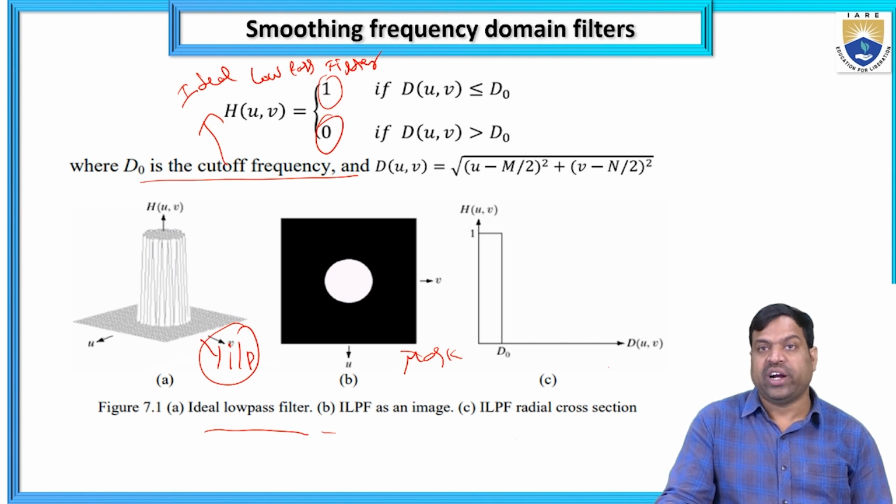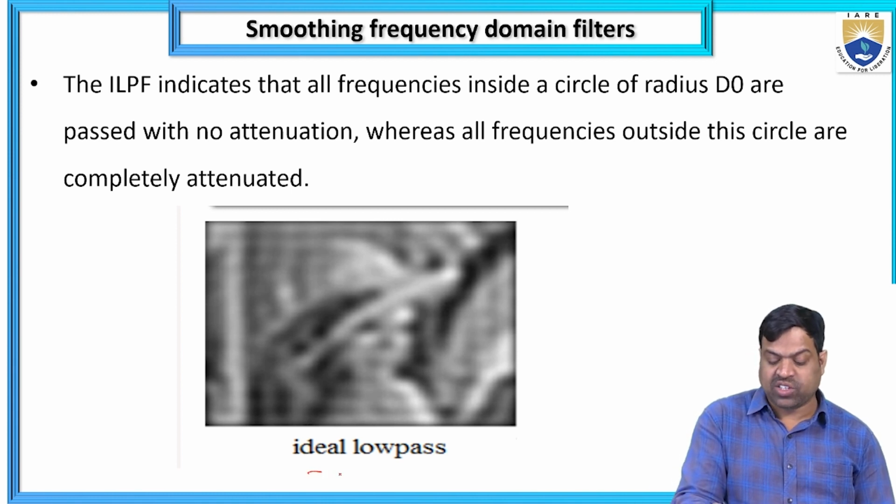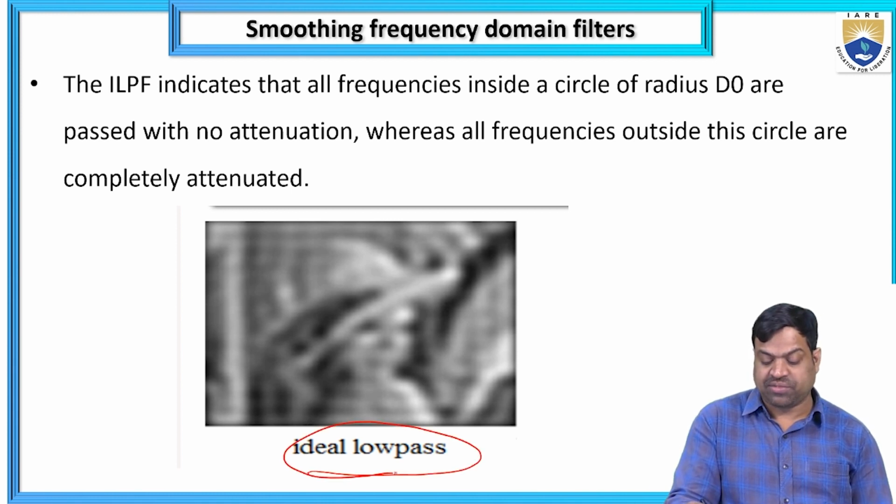When I'm using the ideal low pass, it is using the cutoff frequencies. So the ideal low pass filter indicates that all frequencies inside a circle of radius d0 are passed with no attenuation, whereas all frequencies outside the circle are completely attenuated. So it is one example of an ideal low pass filter.